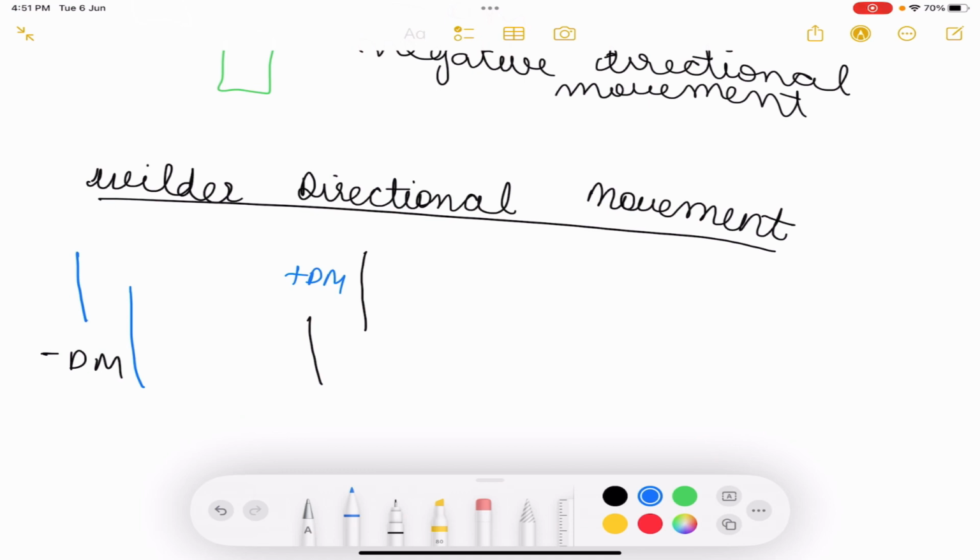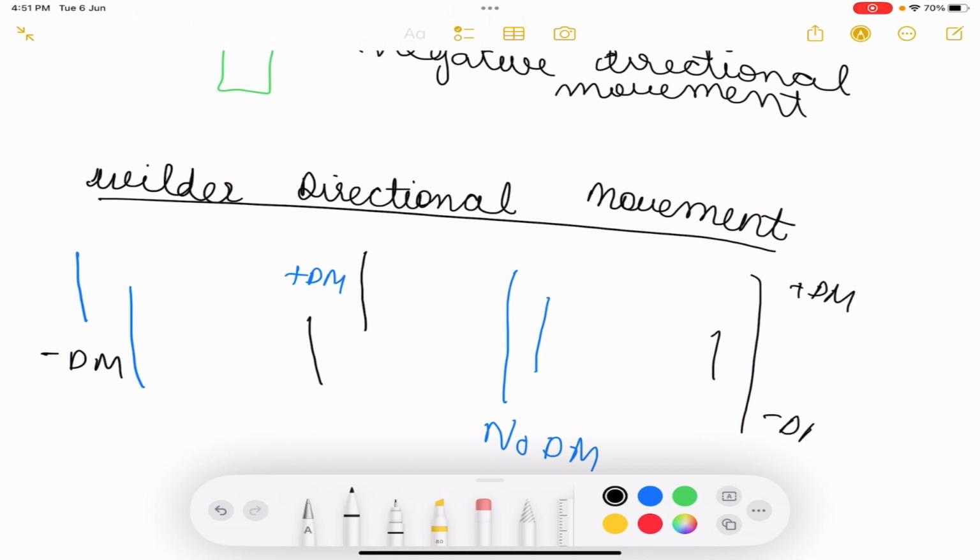Then we have this: the low and the high both are inside the range of the previous day. In this situation there is no directional movement at all, because today's candle is inside my previous trading range. And if my high and low both go beyond the previous day, there is going to be a plus DM on the upside and a minus DM on the downside.